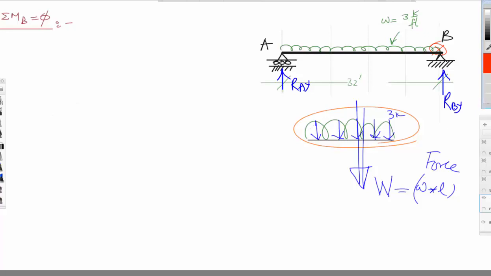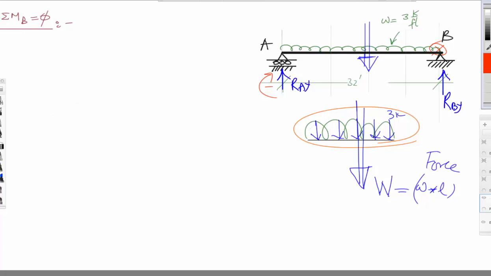So for this part, if we take moments about point B, this reaction at A will rotate in this direction, which is negative clockwise, and for this entire thing it will be replaced by an equivalent value of force sitting in the middle. This will always be the case.